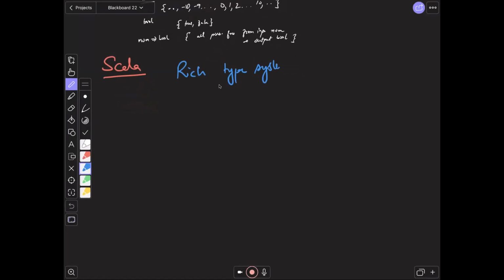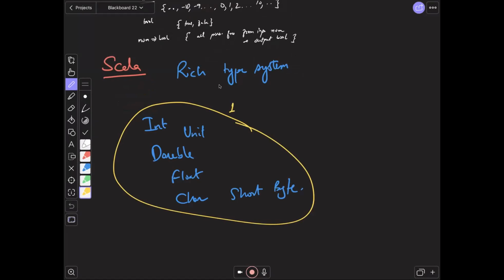And in this type system, you have your inbuilt types. So you have your inbuilt types like int, unit, double, float, char, short, byte. You have all these inbuilt types.